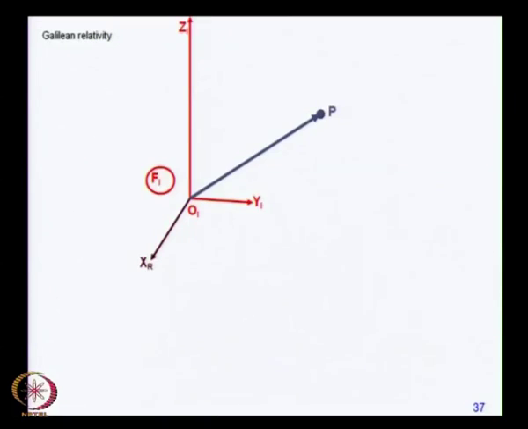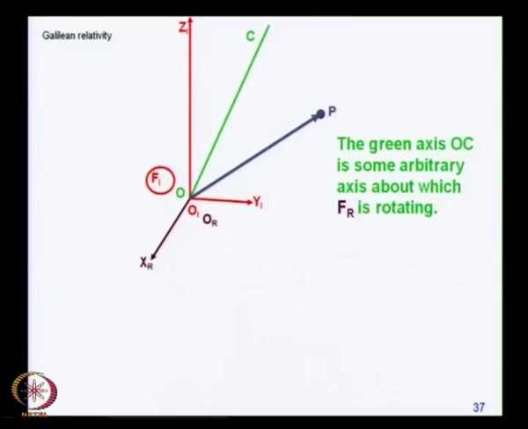So, we consider a frame of reference Fi, and there is x axis, y axis and z axis, and there is another frame of reference which will be the rotating frame of reference with the subscript r, and at t equal to 0, let us say that the two frames of reference are on top of each other, their origins coincide, the corresponding axes are parallel to each other, and then at a certain instant of time one frame starts rotating with respect to the other about a certain axis.